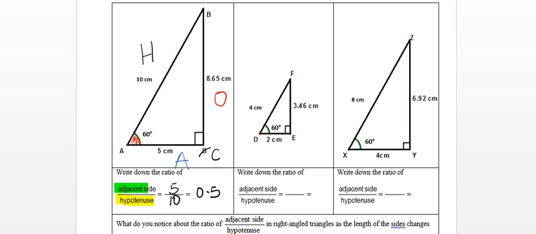What do you think will be the values for the other two ratios? Can you work them out? The other values will be 2 over 4, which is 0.5, and 4 over 8, which is still 0.5.